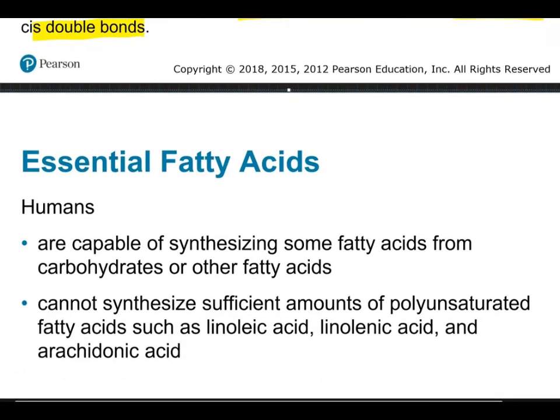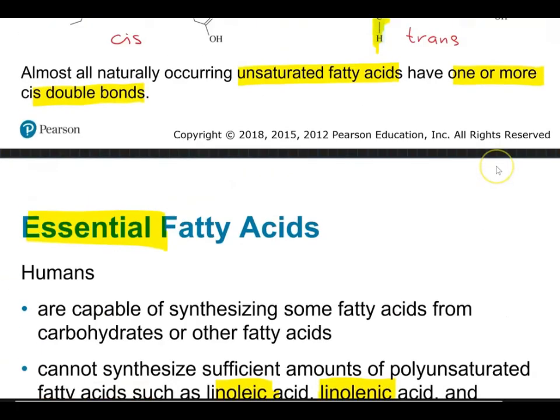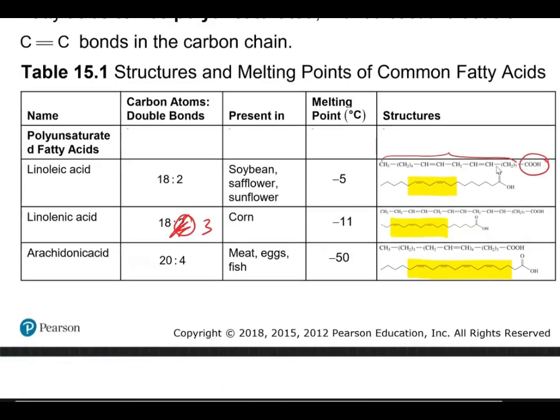Such fatty acids are called essential fatty acids. Among essential fatty acids are linoleic, linolenic, and arachidonic. All these three fatty acids are unsaturated. We just looked at them in the previous table: linoleic, linolenic, and arachidonic acid.